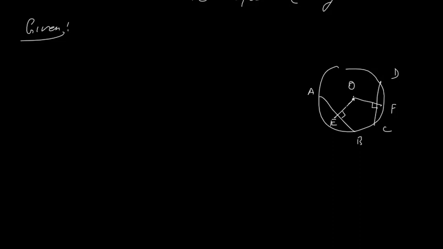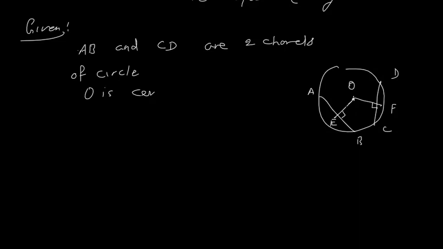So given, AB and CD are two chords of the circle, O is the center, OE perpendicular to AB and OF perpendicular to CD, and OE and OF are equal.